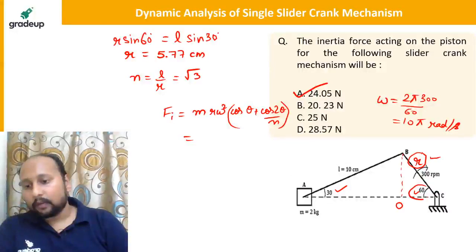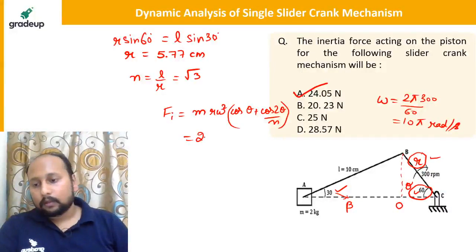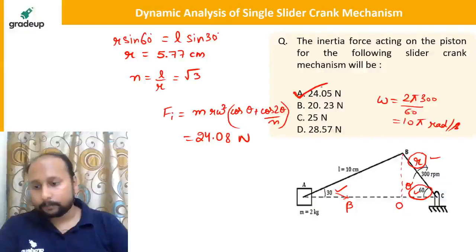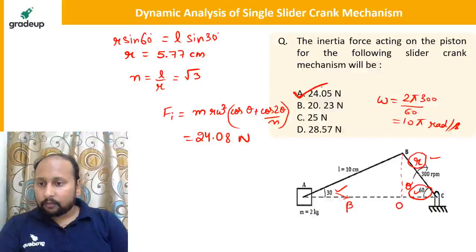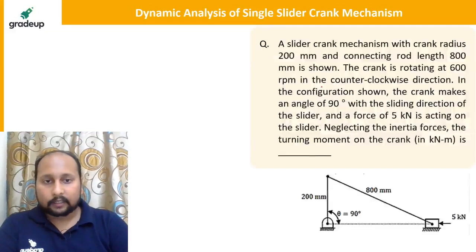This is theta, the angle made by the crank, and this is beta. So you'll be getting approximately 24.08 Newton. So closest answer is option A. Very good, Sri Kumar, Vivek, Ishwar Rao. You all are correct. Let us go to the next problem.